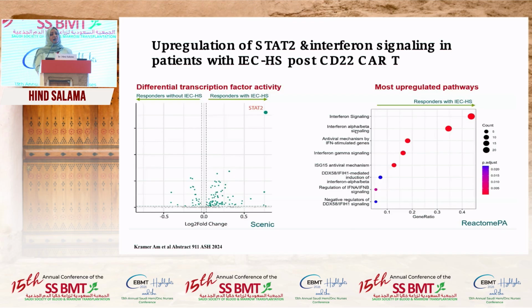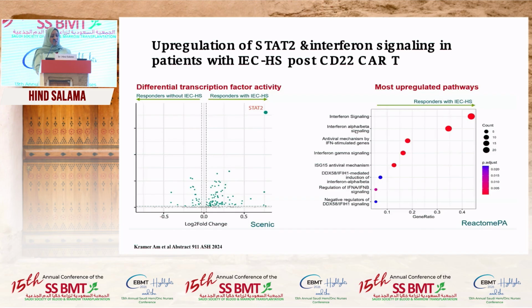Now, why do some people develop IEC-HS and some people do not? We know that high ferritin and high disease burden are indicators, but are there any other factors? This is a study from Boston. They looked at patients in the ZUMA-1 trial, 110 patients actually, and looked at those who develop IEC-HS and their expression of STAT2.